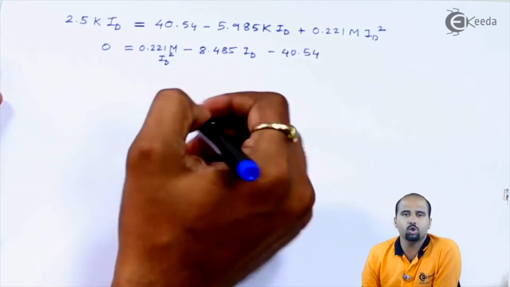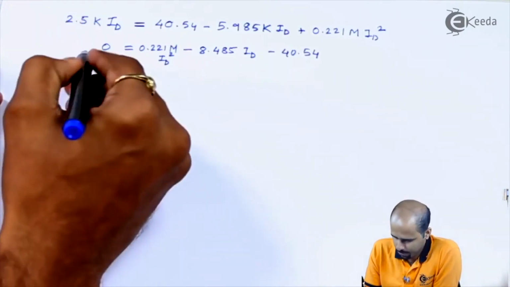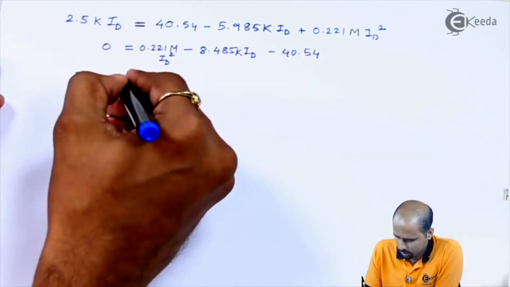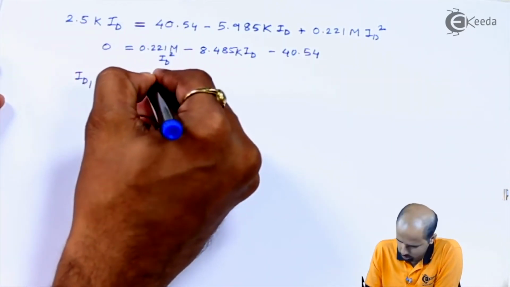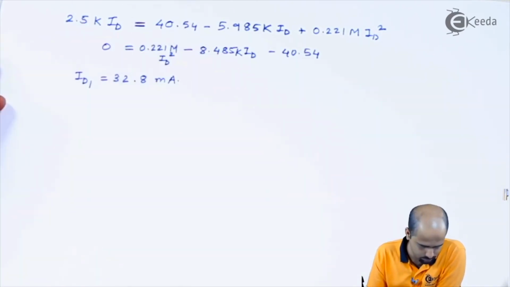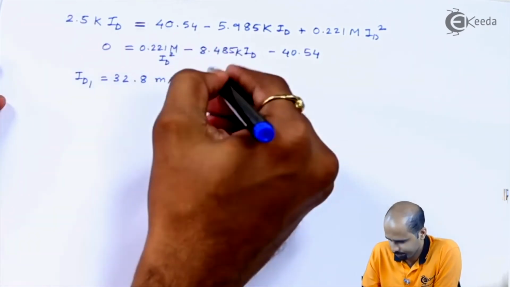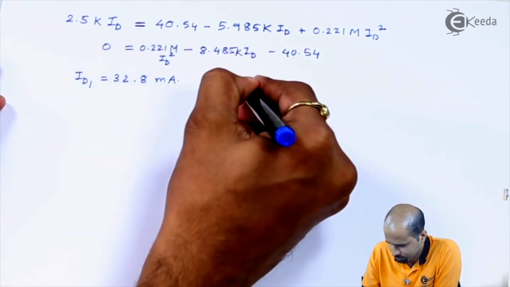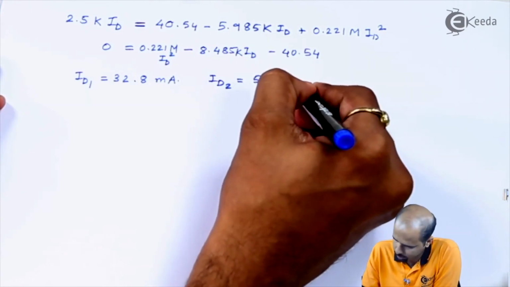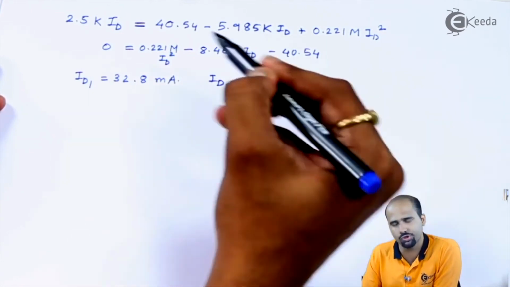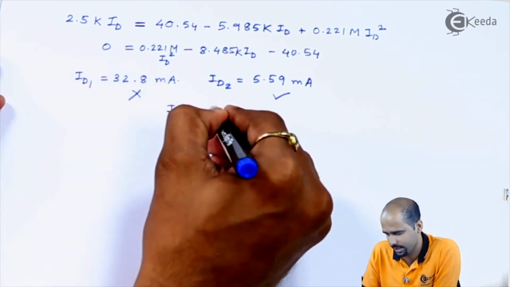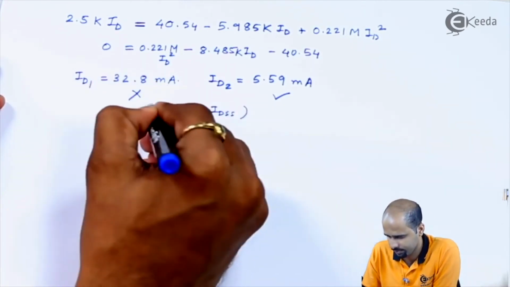So here we will be getting the two values of ID. ID1 is equal to 32.8 milliampere, which is very high, and second one is 5.59 milliampere. Obviously we will choose this one, we'll discard the first one because ID should be less than IDSS.